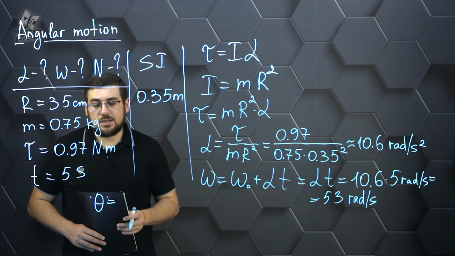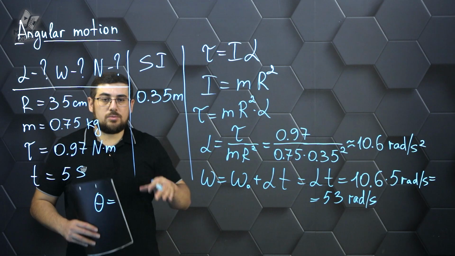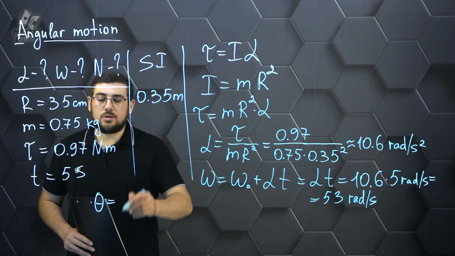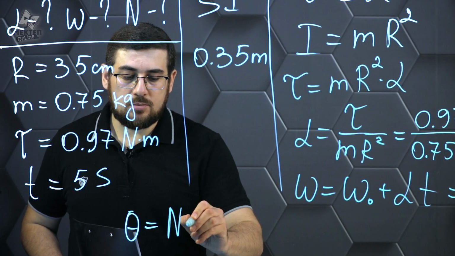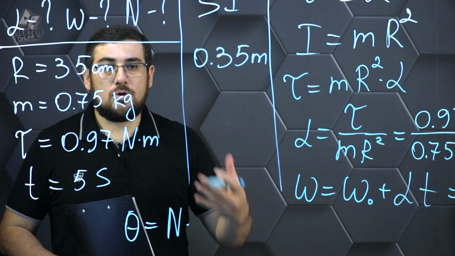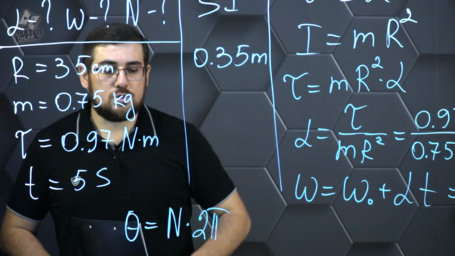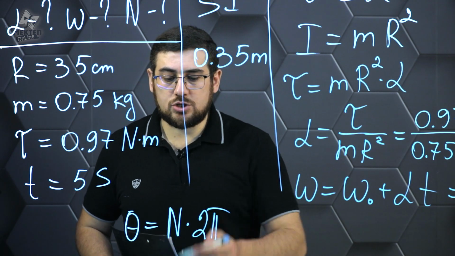Then it can be said that the body made a certain number of rotations over a period of time, say in 5 seconds. Therefore, the total angle of rotation is the product of the number of rotations and the angle of one revolution. The angle of one revolution is 2π. Thus, we can determine the total angular displacement and the number of revolutions completed during this time.